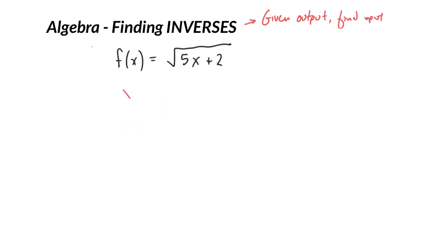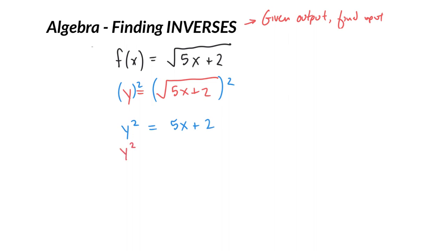Begin with rewriting. Now, I need to get rid of that square root. Of course, the way I do that is I square both sides. So now I've got y squared equals 5x plus 2. Subtract 2 from both sides. Divide both sides by 5.